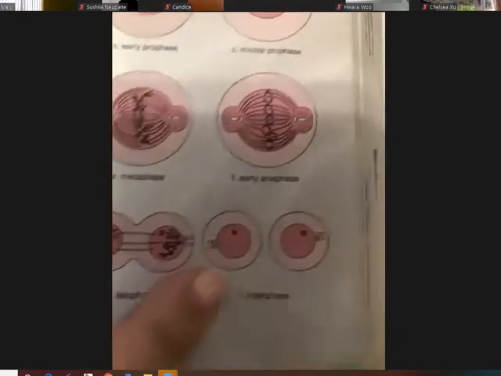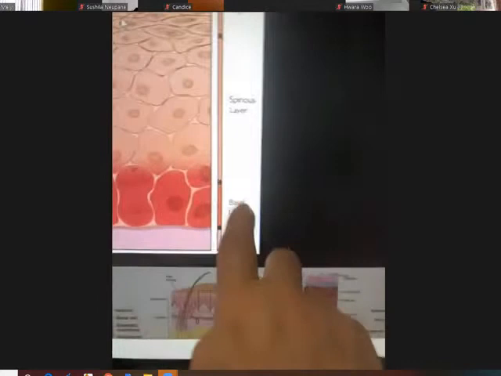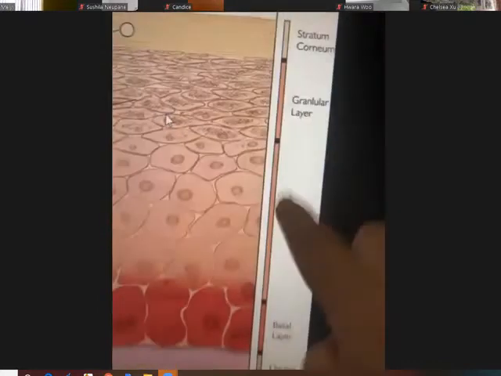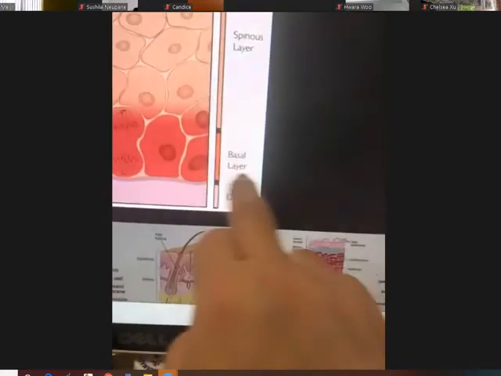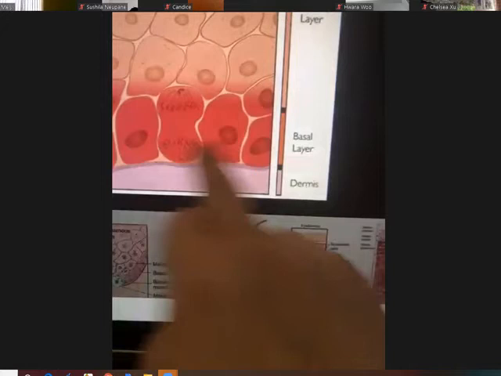So that's the 5th layer of your skin, the basal layer: 1, 2, 3, 4, 5. The 5th layer is where the cells grow new cells, where one cell splits into 2.